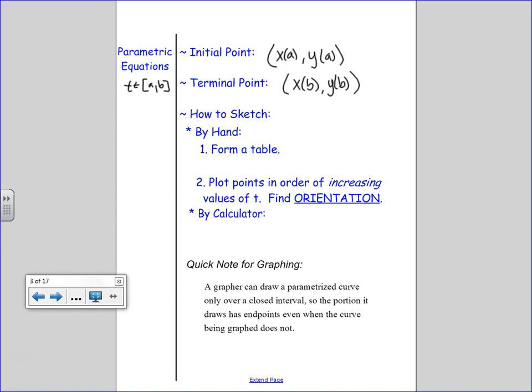Besides those quick little units in pre-cal that you guys covered, your entire mathematical career, graphing has been in function mode, basically.